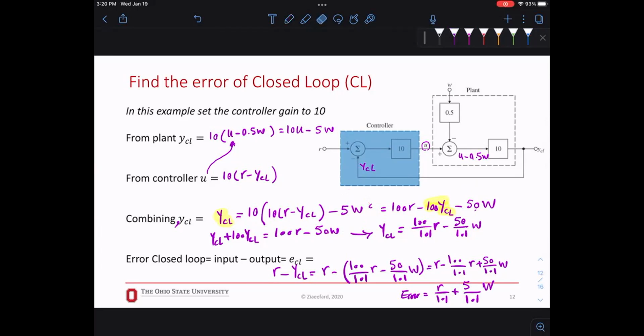Here. Yes. Okay, I see. Like here. All right. I'll check the math. But the final answer is correct though.